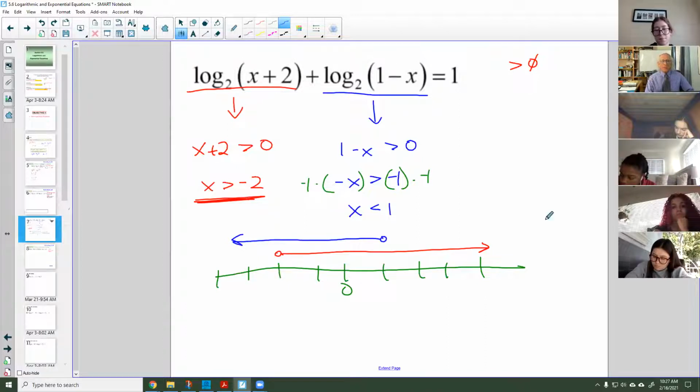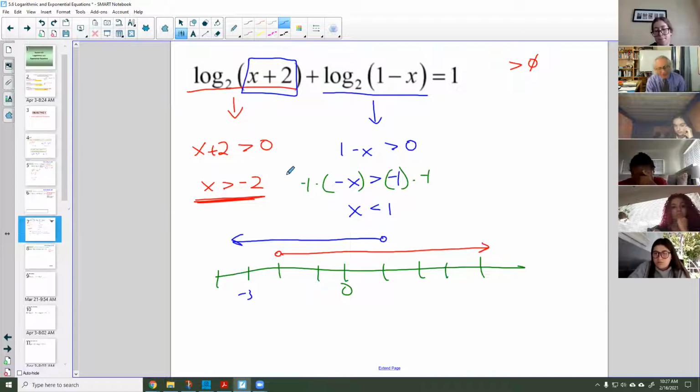Well, let's take this blue one right here for just a minute. I can satisfy the blue one by saying x equals -3. -3 satisfies the blue one, doesn't it? Yes, but it doesn't satisfy the red one. So if x was equal to -3, this would be impossible.